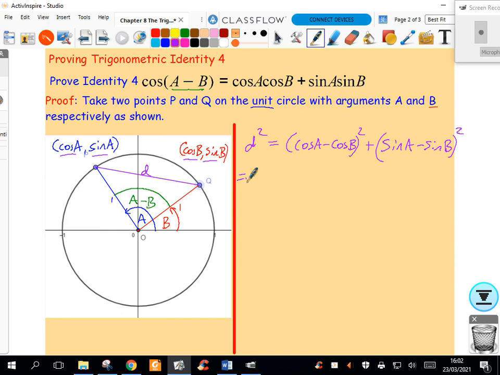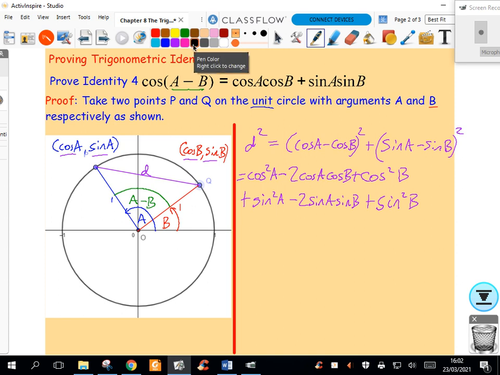It's always going to be the square of the first term, in this case cosine squared A, minus twice the first by the second, that's 2 cosine A cosine B, plus the square of the second, which is cosine squared B. But I'm also adding the square of the second. I'll write it underneath just for space. So squaring the first, sine squared A, minus 2 sine A sine B, and then we'll have plus sine squared B here.